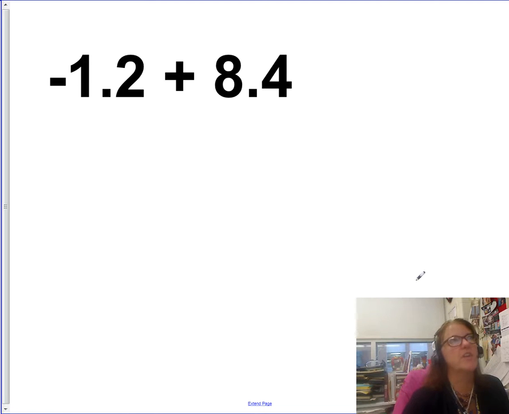All right, let's look at a couple more. -1 and 2/10 plus 8 and 4/10. On this one, the positives are going to overpower. If it doesn't make sense, this is about -1, this is about +8. That should be an answer somewhere in 7 land, +7.